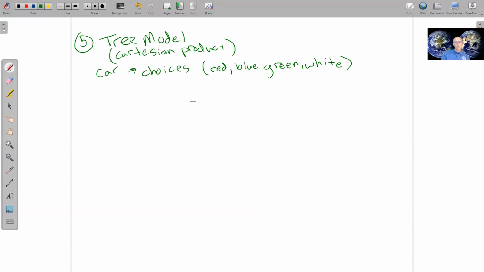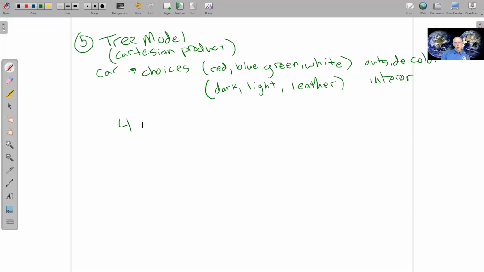So that's the outside color. And then we might have choices for interior. And so maybe the interior, it could be some kind of dark interior, could be a light interior, or a leather interior.